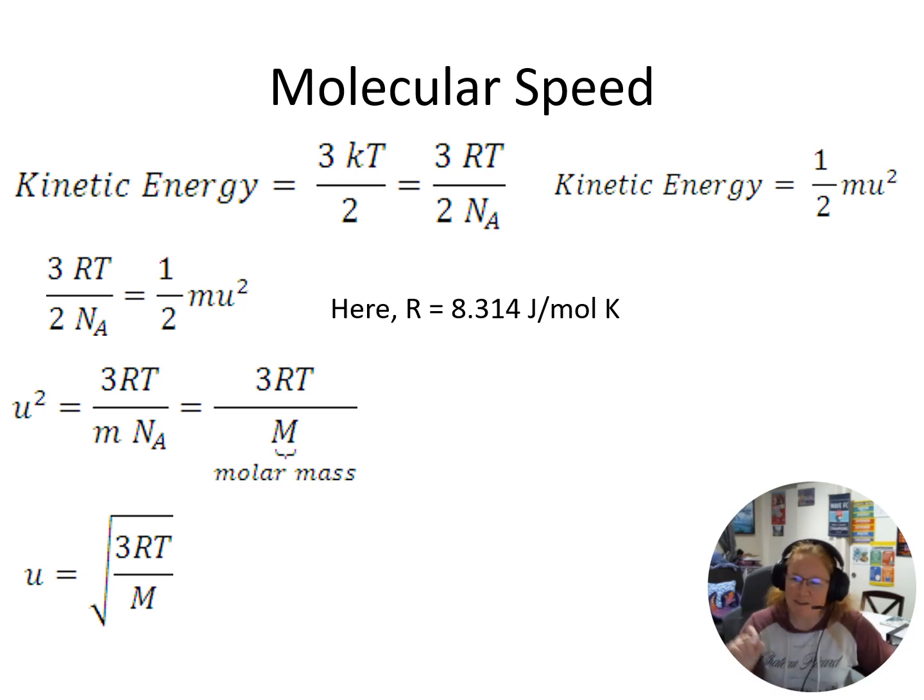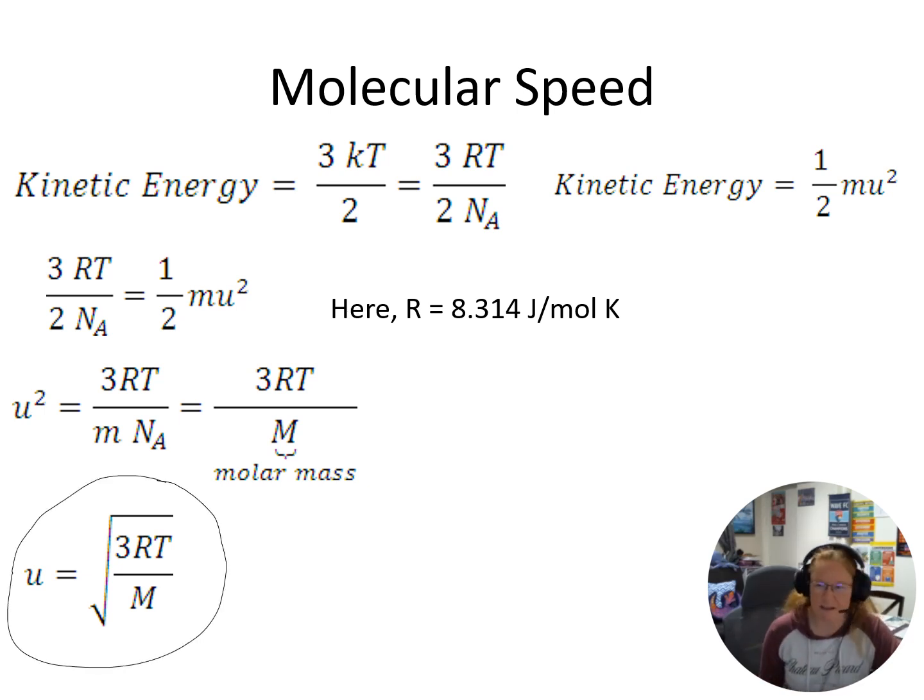Now, if you look at this though, instead of a normal velocity, I've got that U there. And if we look down here, I get this equation right here. This U is equal to the square root of 3RT over M. Well, what is U?